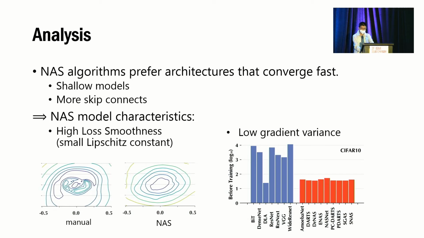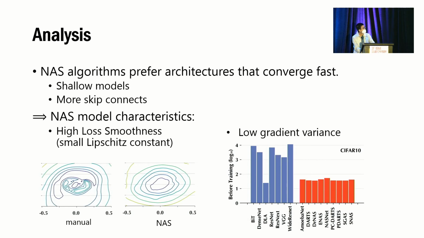To validate our hypothesis, we evaluate the loss landscape and the gradient variance empirically. Compared with the complex loss landscape of human-designed models, which is the left figure, we can see that AutoML models have more convex loss landscapes.